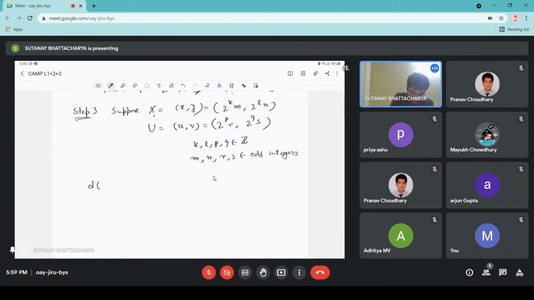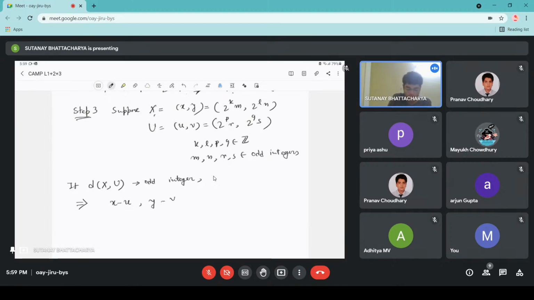In this case, if the distance between x and u is an odd integer, then x minus u and y minus v are both integers with different parities.